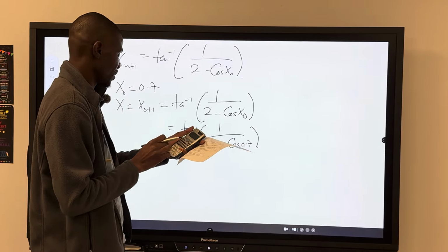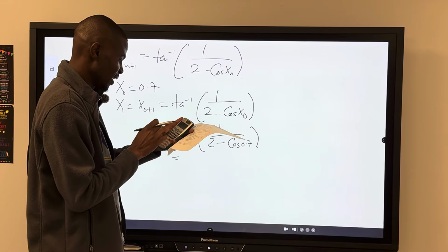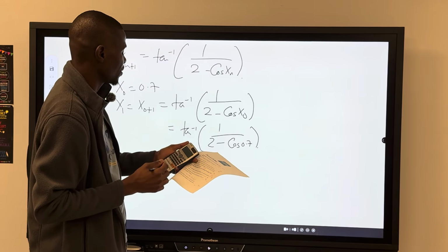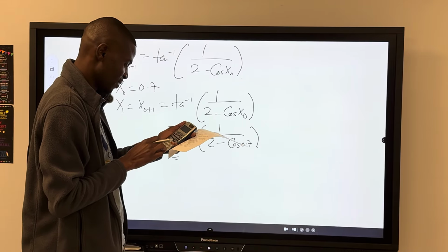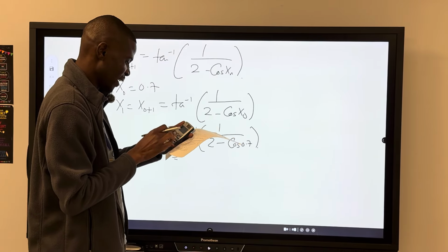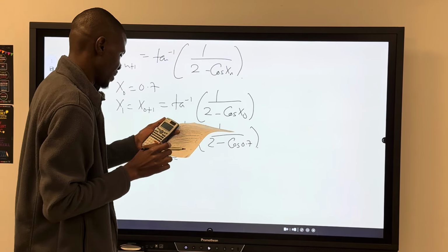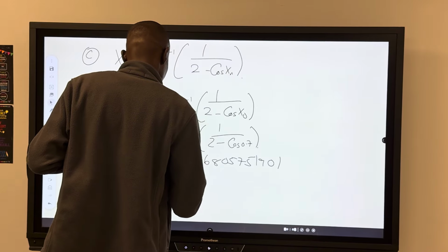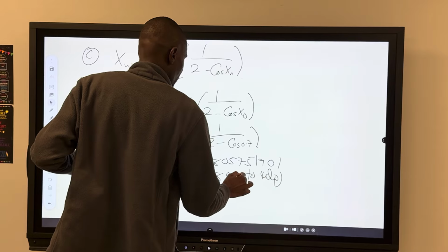So I'm going to say arctan of 1 divided by 2 minus cosine. Instead of plugging in 0.7, I'm going to plug in answer, so I just press answer here, then close the bracket. What am I getting? I'm getting 0.6805751901, and I'm supposed to write this to 4 decimal places.